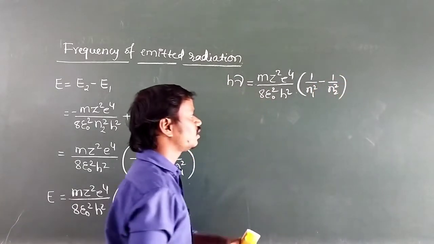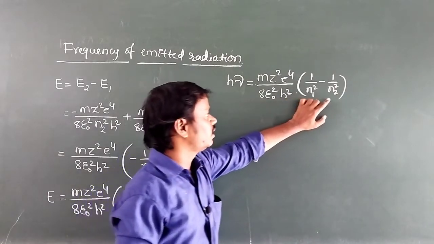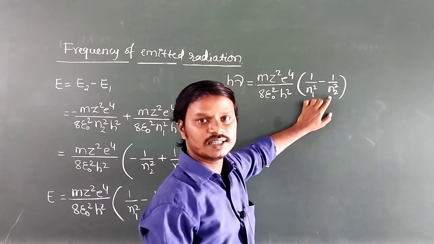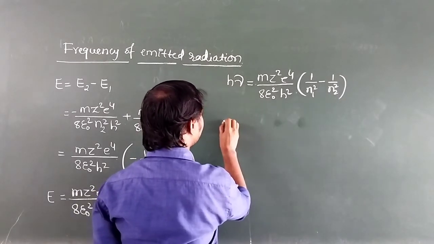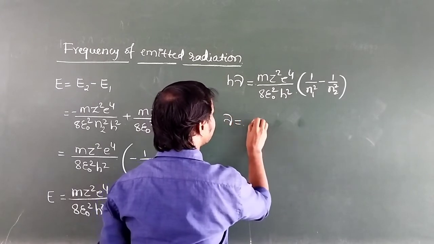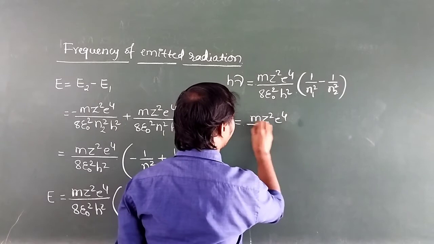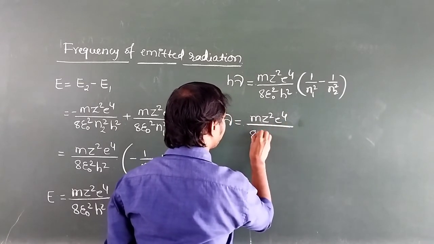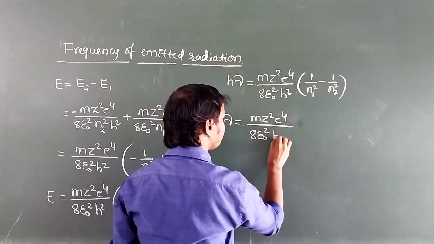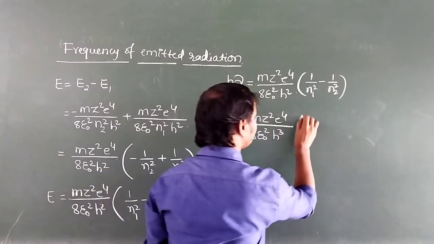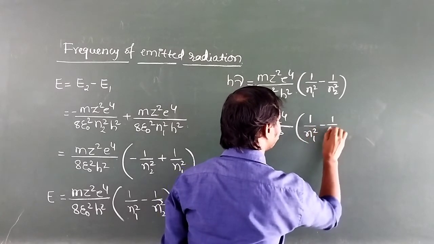Then what is n1? n1 is the principal quantum number of lower orbit and n2 is the principal quantum number of higher orbit. Now, so let us take this h to the right hand side, that comes to the denominator. Nu is equal to m z square e to the power of 4 divided by 8 epsilon naught square h square into h, that is h cube, into 1 by n1 square minus 1 by n2 square.